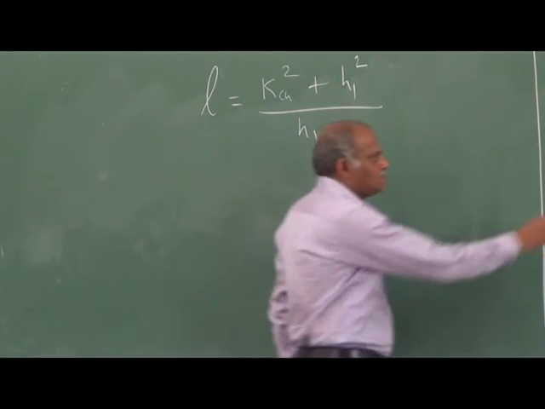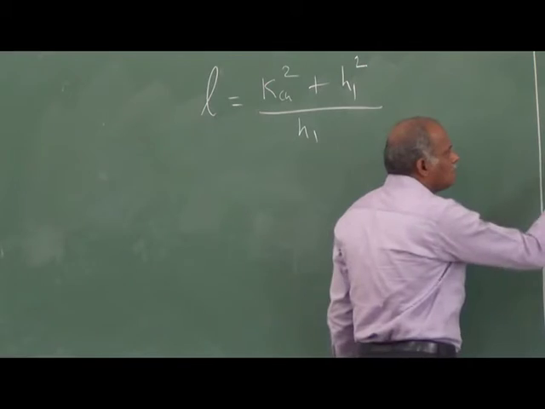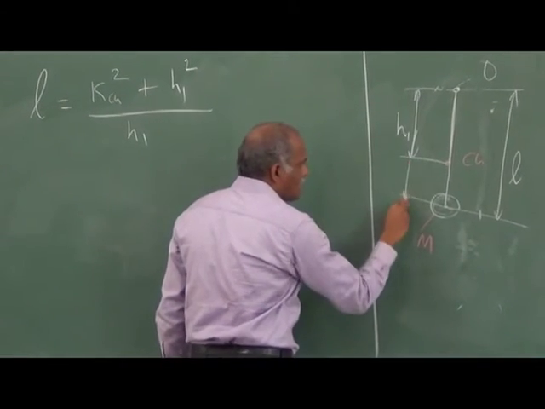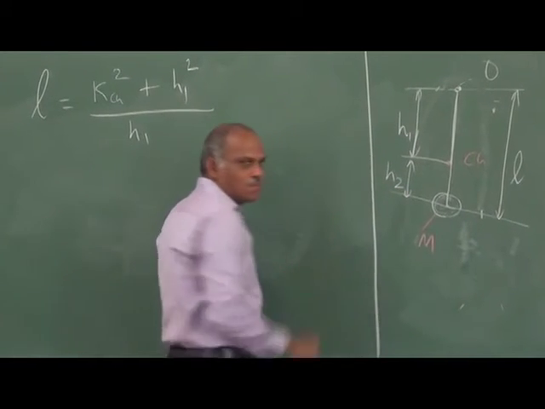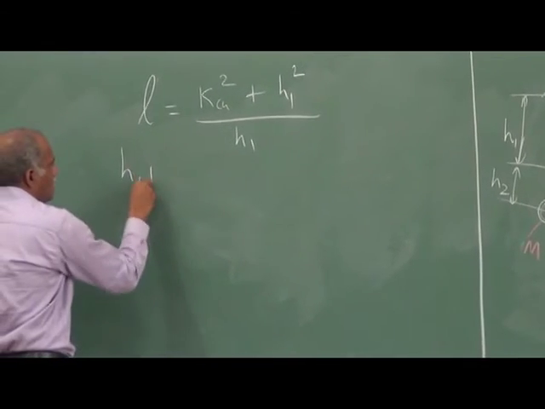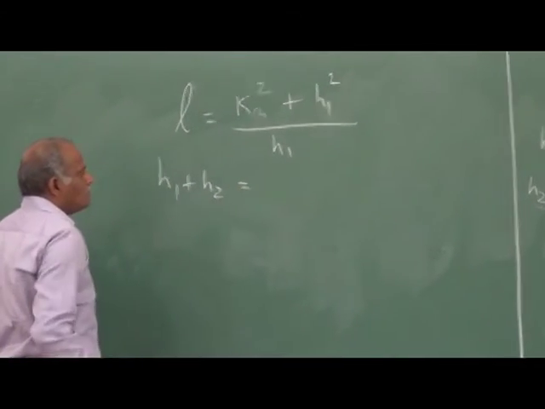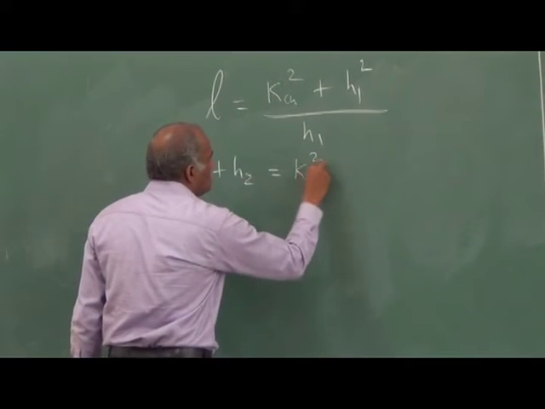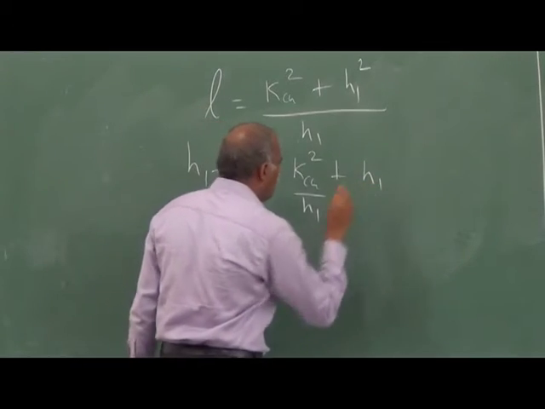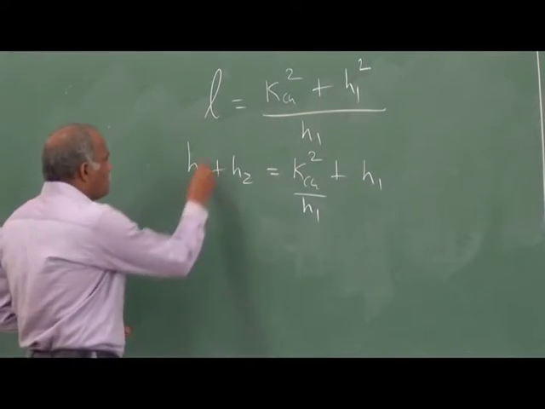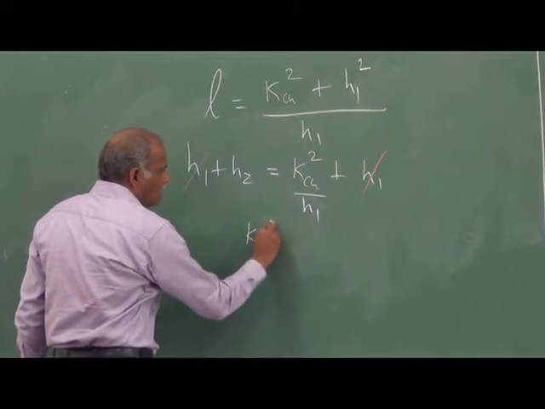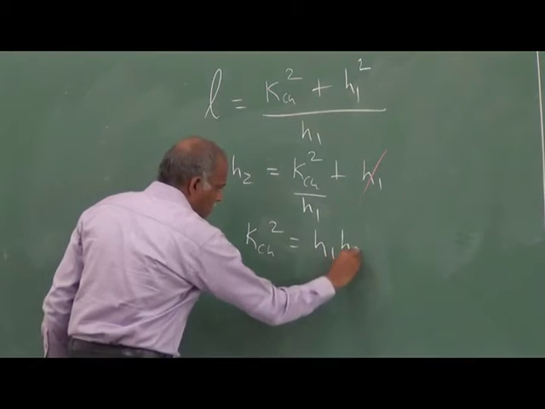Now this L is slightly exceeding H1, and this distance, if I take that as H2, then L can be replaced by H1 plus H2, that is equal to KCG square by H1 plus H1. So H1 can be cancelled out. So what we are getting is KCG square is equal to H1 H2.